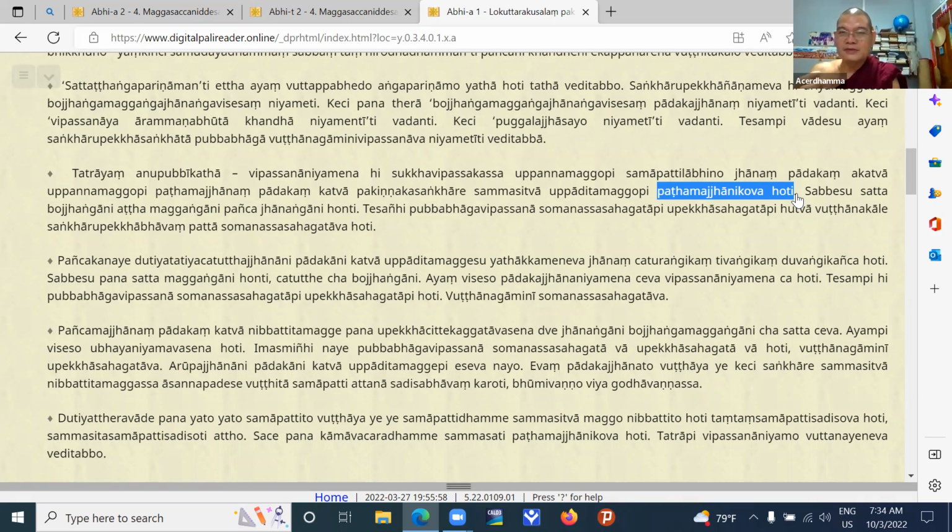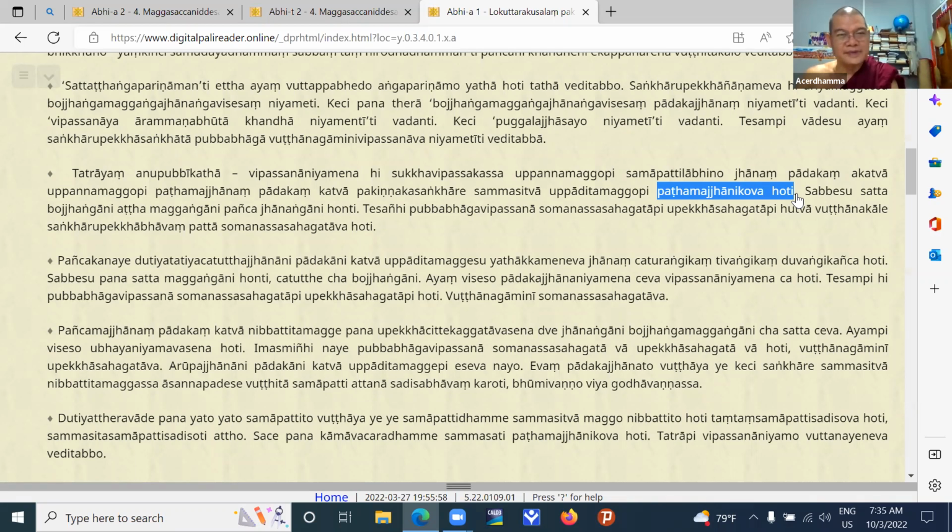No, there is no rule, you know. There is no rule that the emerged jhana should be observed. Yes, I understand that. But right now I just don't understand what it means by saying jhanang padakang katva. Does it mean that he entered into jhana or not? Yes, enter.